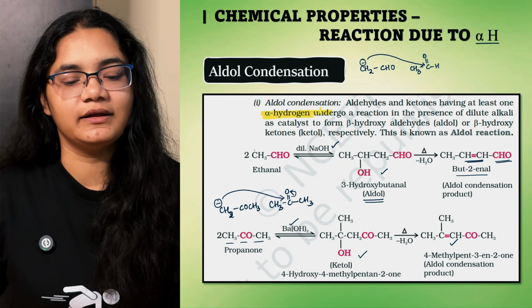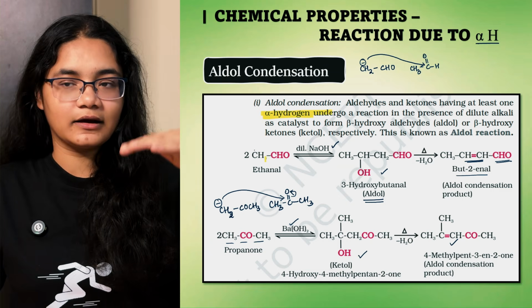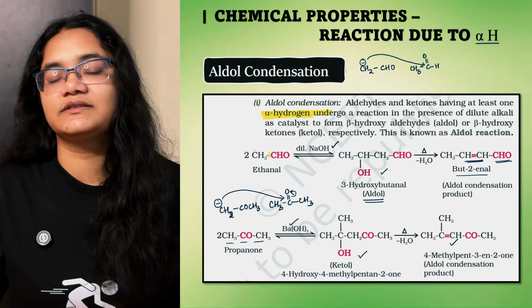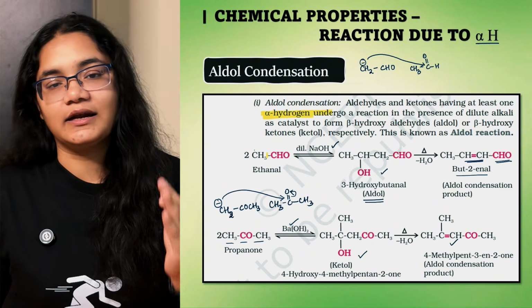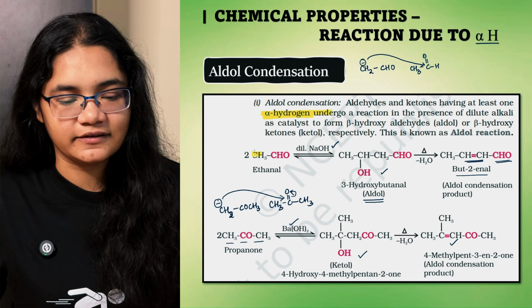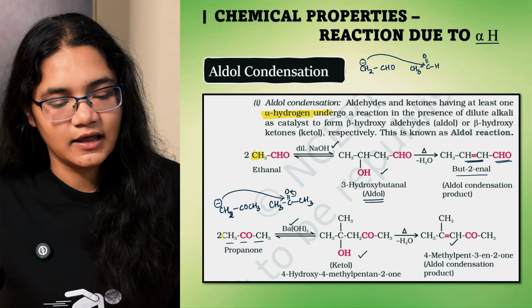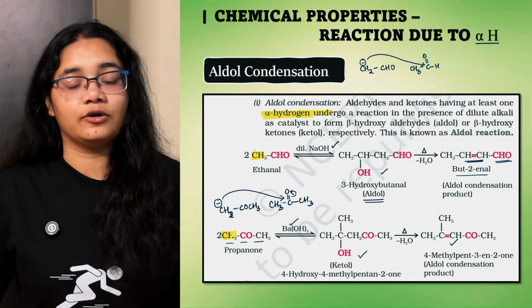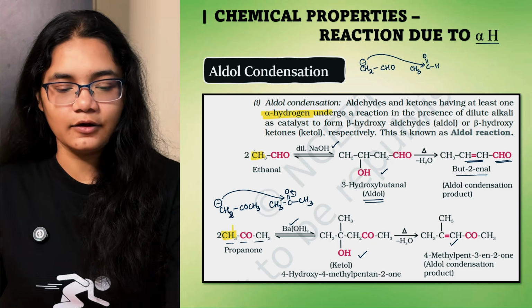Alpha hydrogen means the carbon next to the CHO or ketone group must contain a hydrogen. As you can see here, this is the alpha carbon with hydrogen, and here also.